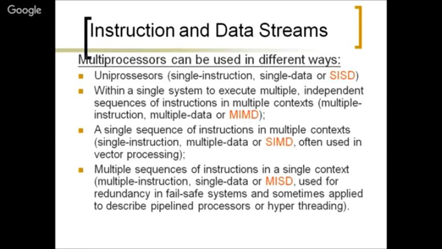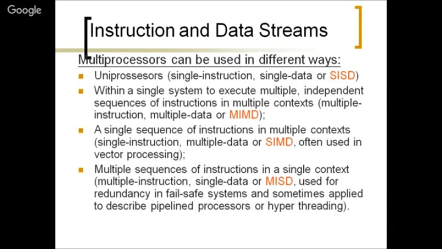The third type is a single sequence of instructions in multiple contexts, that is single instruction, multiple data. Normally we do not prefer this because resource utilization is not that good in such a configuration.